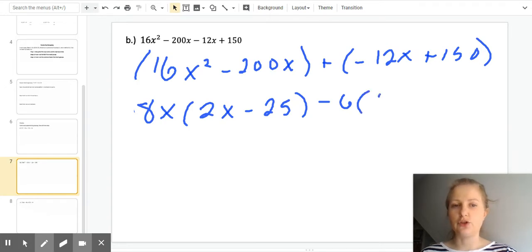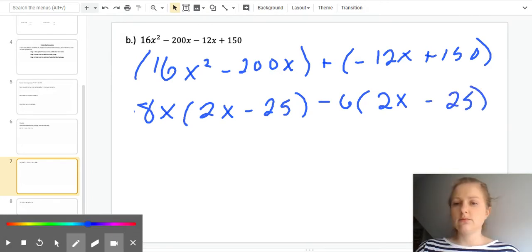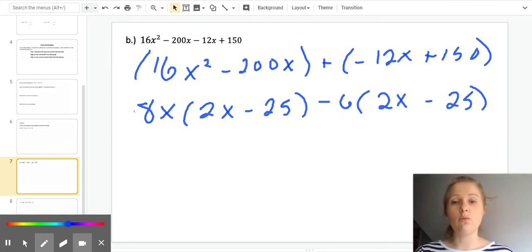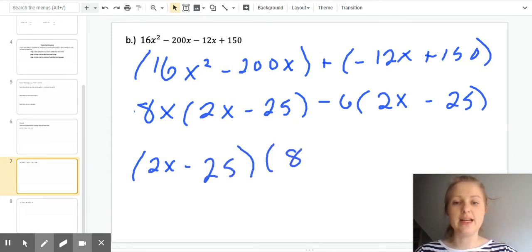So then I'm left with 2x minus 25. And then what we have here, so we ended up with what we wanted. These two sets of parentheses are the same. So we factor out that like term. So 2x minus 25 is our like term here. And then what we're left with is 8x minus 6.